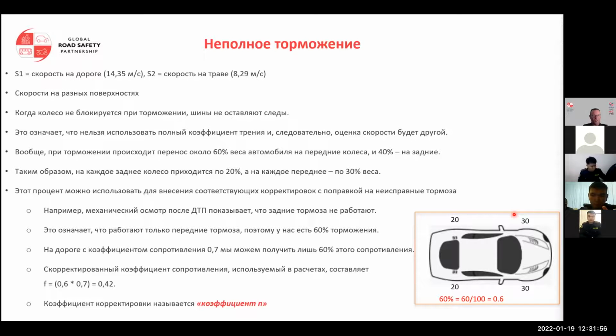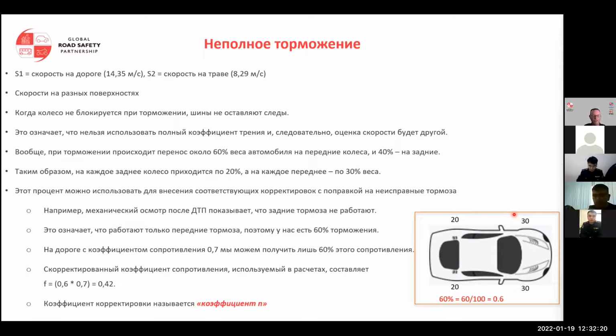First thing is, when a vehicle, a tyre, doesn't lock while braking, it's not going to leave a skid mark. If we don't have visible skid marks from all four tyres, we can't be sure that all four tyres were braking. We can't use the full coefficient of friction, the full drag factor.